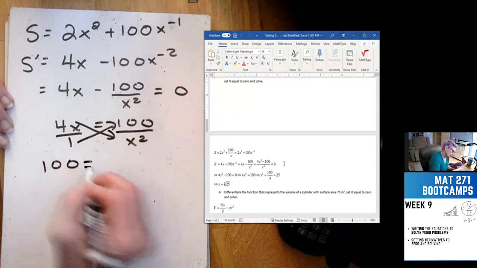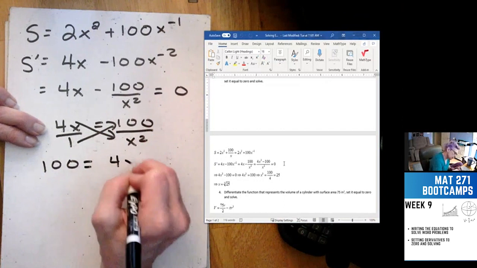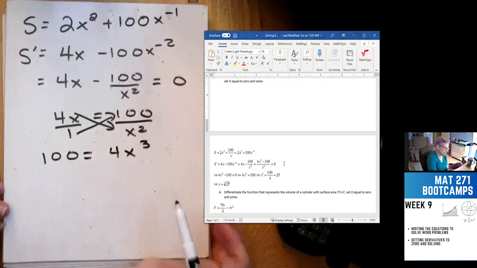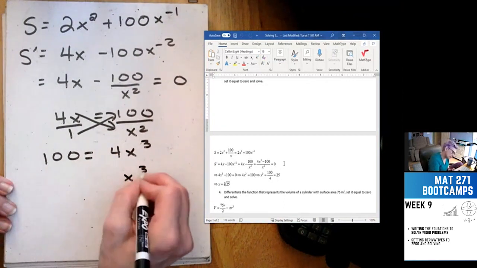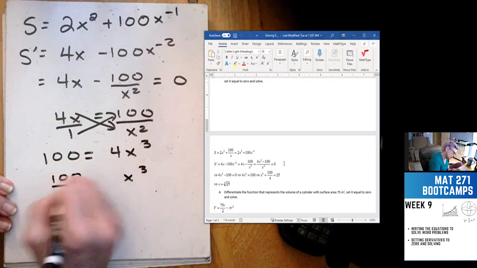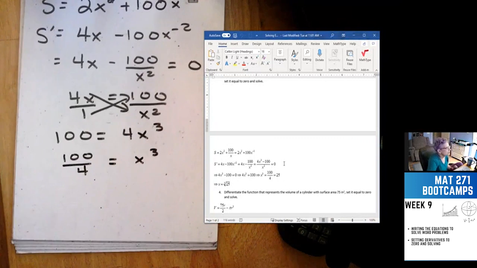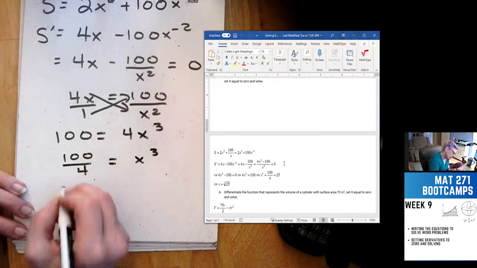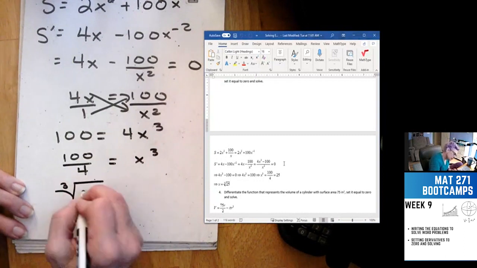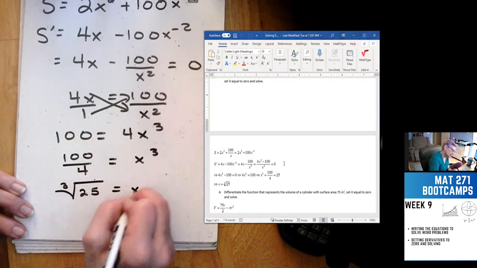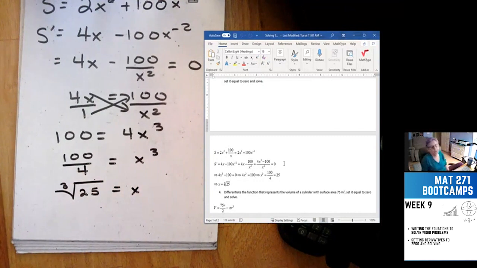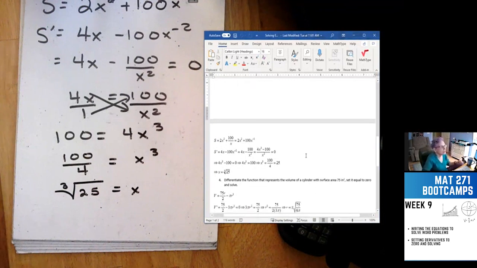So 100 has to be equal to 4x cubed. So x cubed has to be equal to 100 over 4. And now you're thinking, wow, if only that were x squared, I'd get a really nice friendly answer. But it's not. It's the cube root of 25 is equal to x. That one was easier.